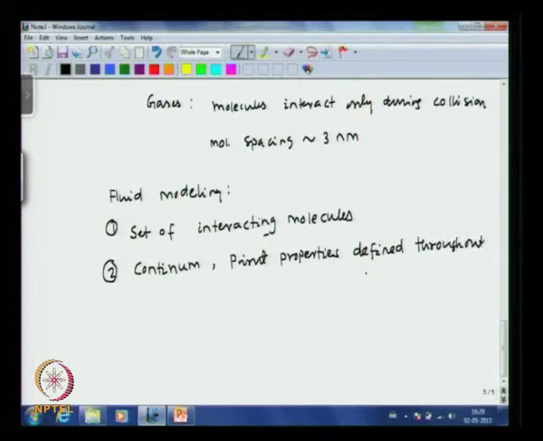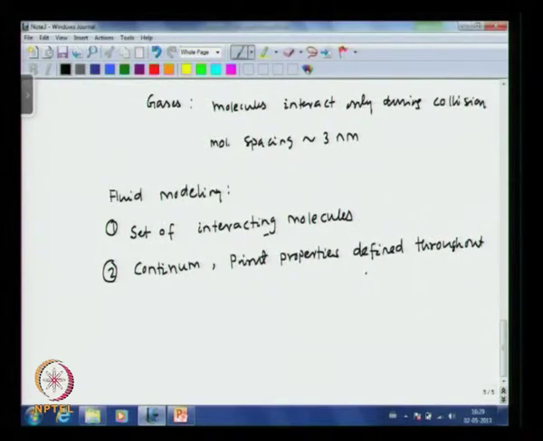Okay. So, first let us consider the fluid as the set of molecules that continuously interact. So, here we will look at the molecular theory. Okay. So, we will talk about the molecular forces.